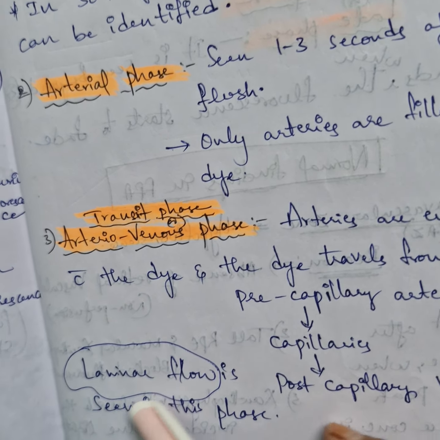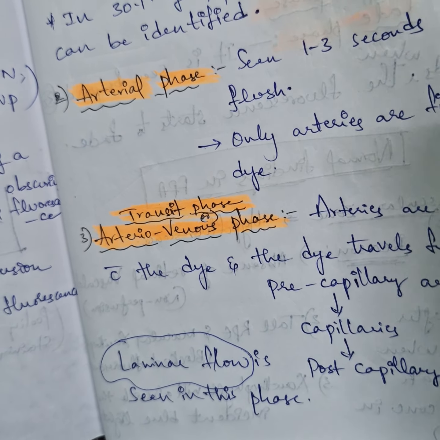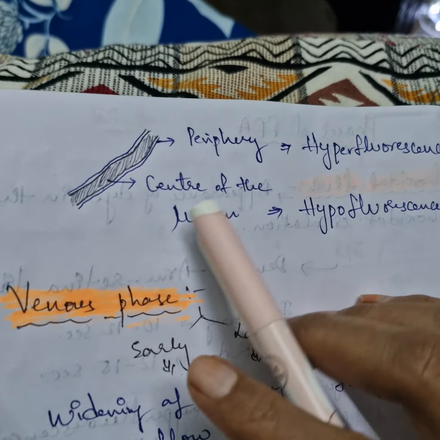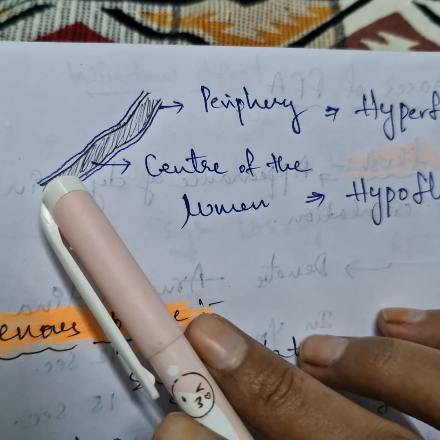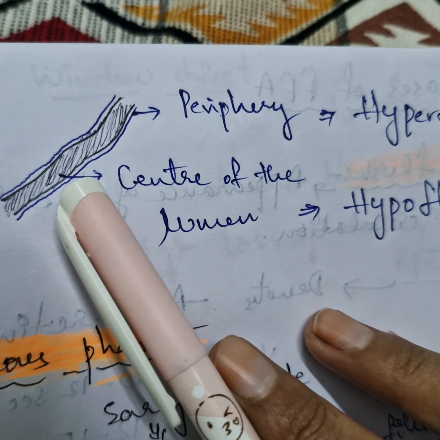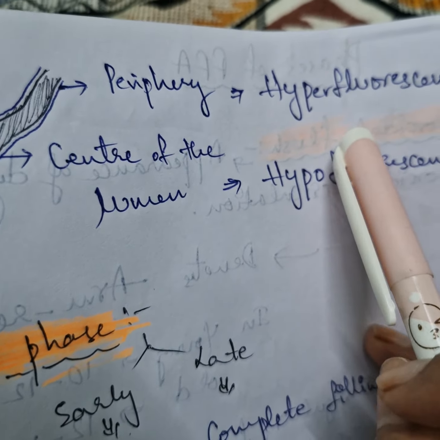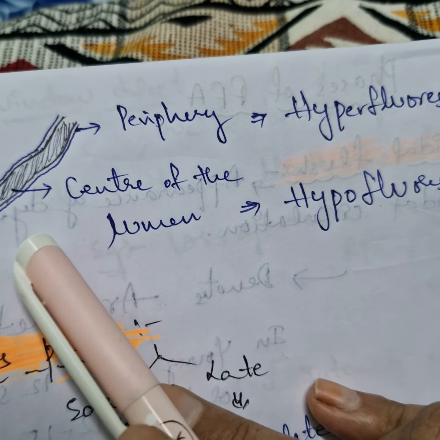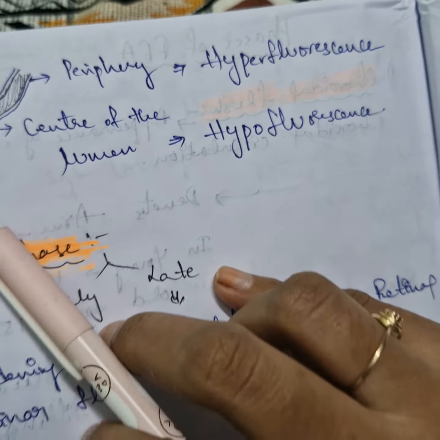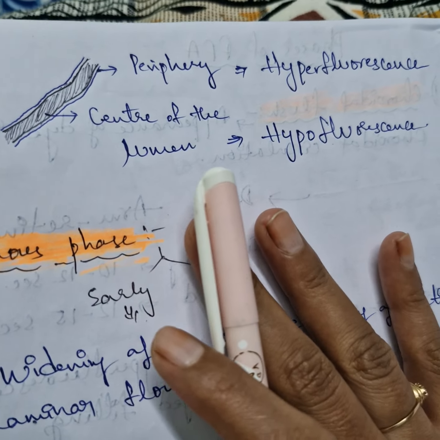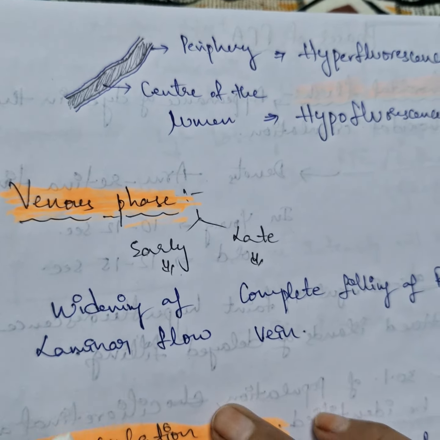In this, laminar flow is seen. We'll see how it can be seen. Consider this as a capillary. In this, the periphery of the capillary will contain hyperfluorescence, whereas the center of the lumen will have hypofluorescence. That gives us a laminar flow.